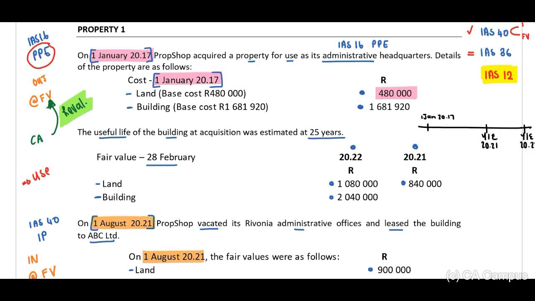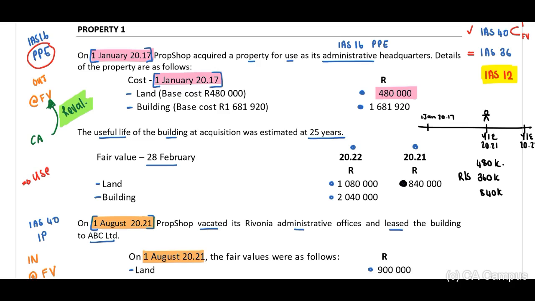Now, if we look at 2021, the value will now be 840,000. Therefore, we have the 480,000. This should now be 840,000. Therefore, there is an adjustment of 360,000, a revaluation surplus, because our land is based on our revaluation model.